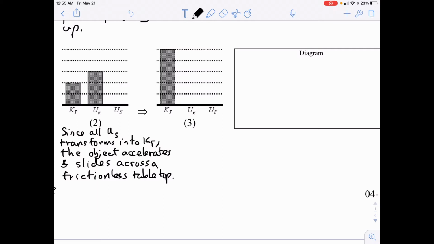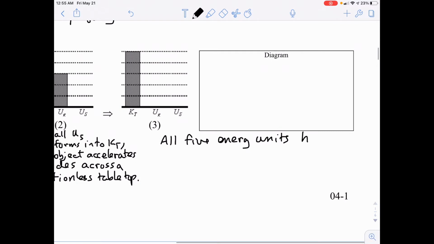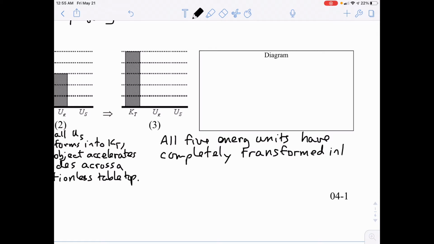Since mechanical energy is conserved, you can see now that all 5 energy units have completely transformed into translational kinetic energy, right before the object hits the floor.